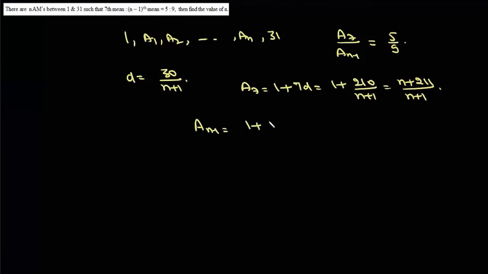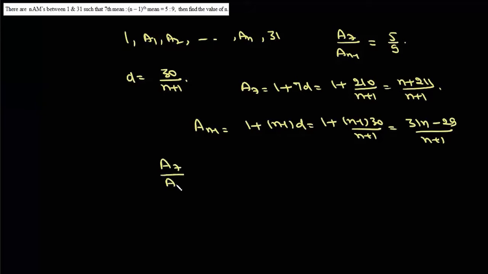And then we need to find a_(n minus 1). It will be 1 plus (n minus 1) into 30 upon (n plus 1), which is (31n minus 29) upon (n plus 1). Now if we take the ratio a7 upon a_(n minus 1), the (n plus 1) will cancel, and we get (n plus 211) upon (31n minus 29) as 5 by 9.